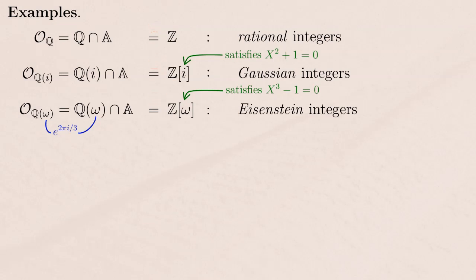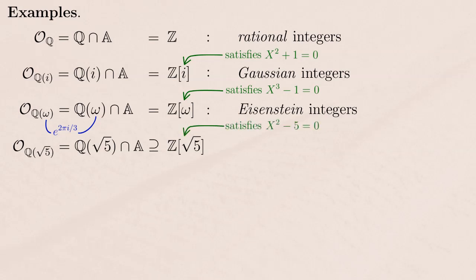So now, what's the set of all algebraic integers in Q adjoin root 5? Well, while this definitely contains Z adjoin root 5, because root 5 satisfies a monic polynomial equation, x squared minus 5 equals 0, so it is an algebraic integer, this set isn't equal to Z adjoin root 5. We'll come back to how to find missing elements in a future video, but for now let me just give the answer away.